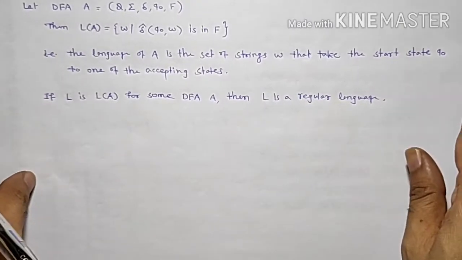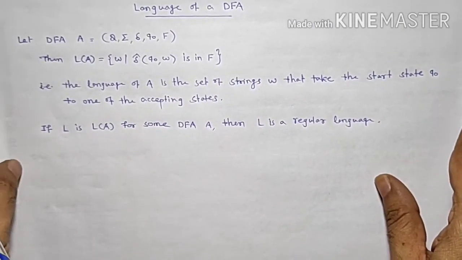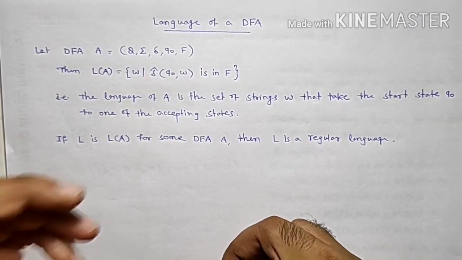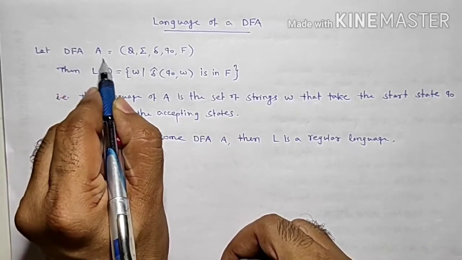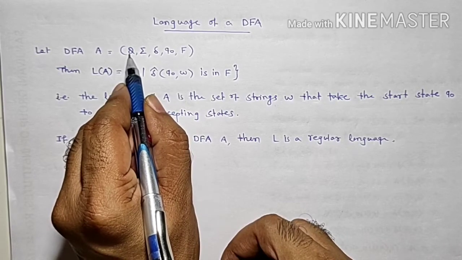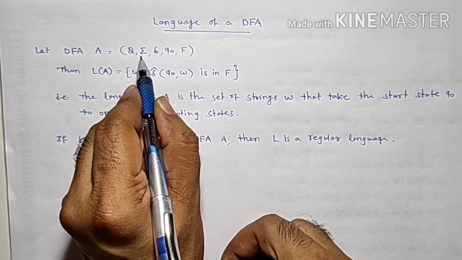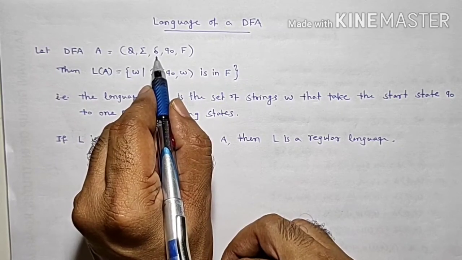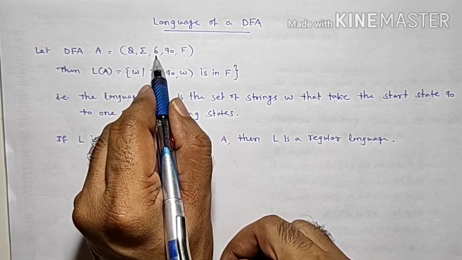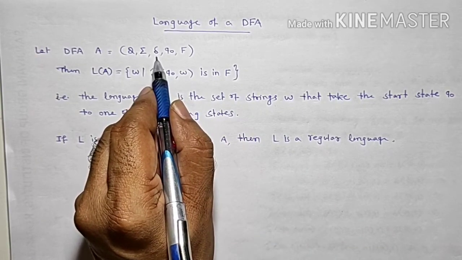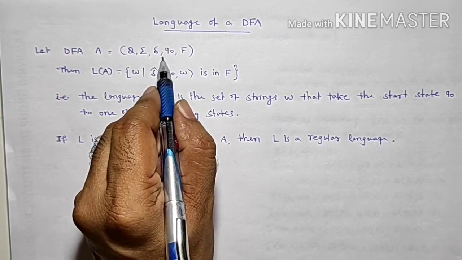Now next we'll see one more definition of the language of a DFA. If DFA A is defined by these 5 tuples, capital Q stands for the set of states, sigma stands for input symbols, the symbols on which transitions are taken by the DFA, then delta, the transition function, which shows the transitions from the current state on different symbols.